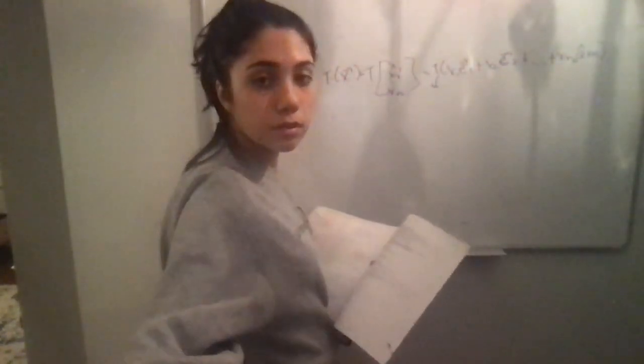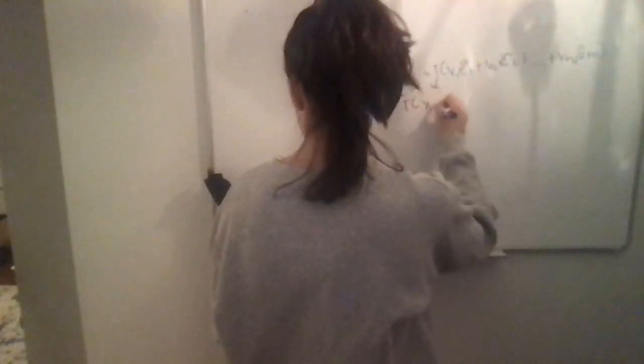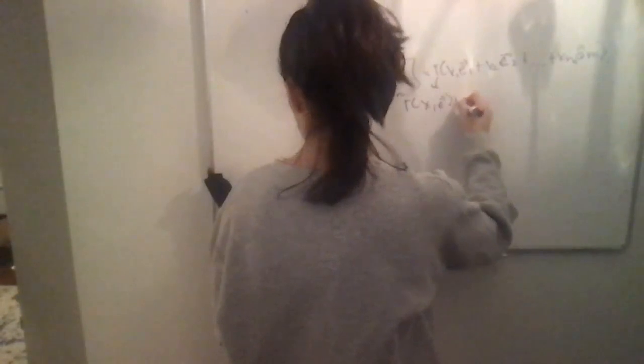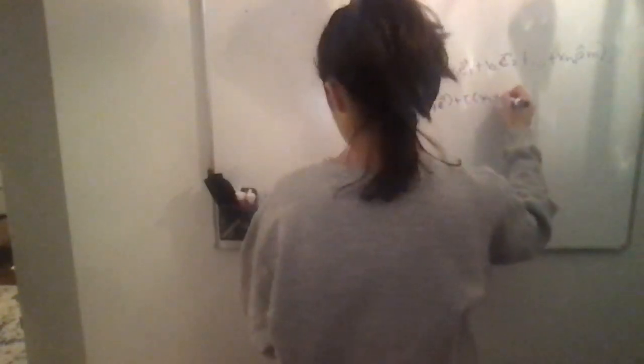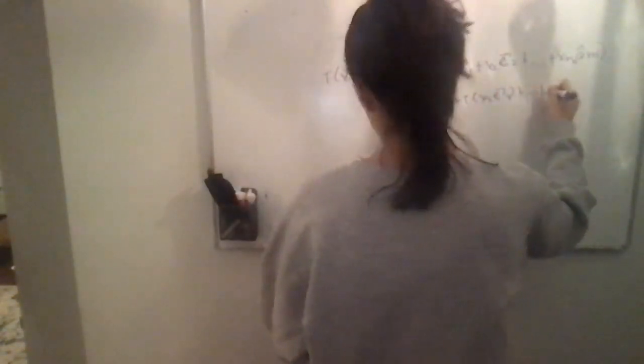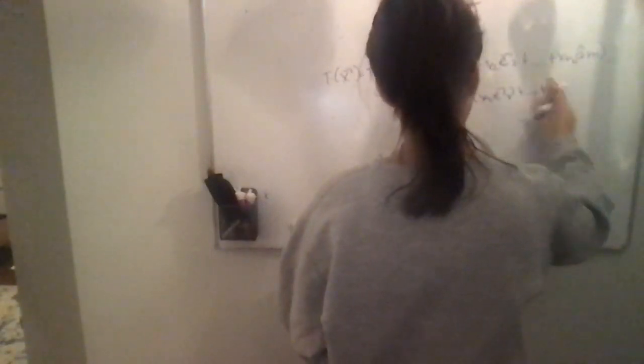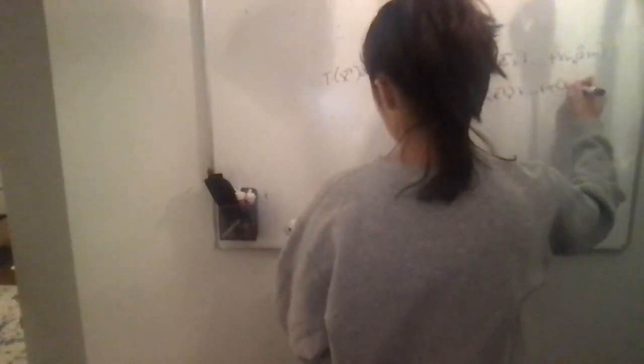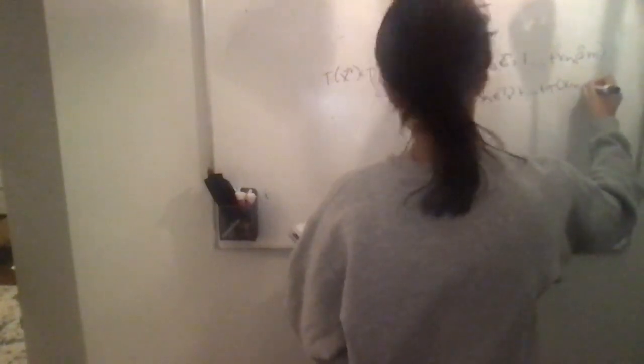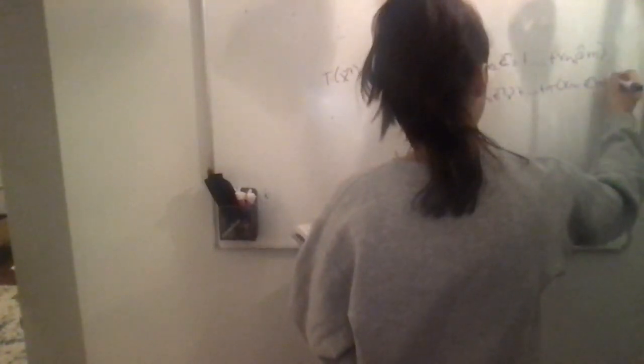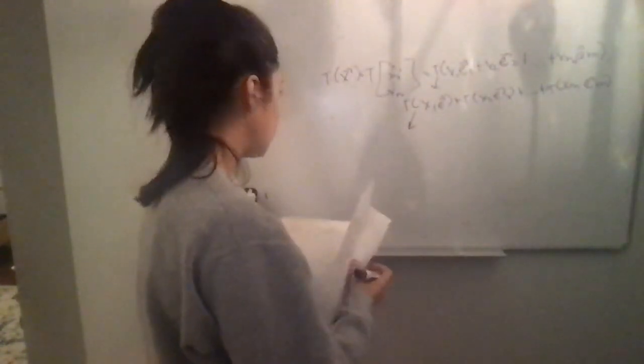Well, we can then use the law that we already had to say T of x1 e1 plus T of x2 e2, plus go all the way down the line to T of xm em. So that was, clearly, by property A, right?